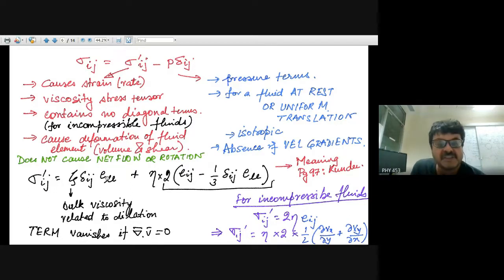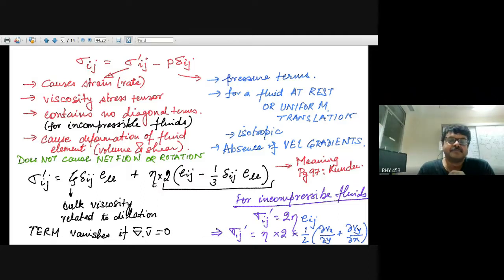Dilatation, divergence V not equal to zero, means there's an entire volume change. So if there's a volume change, that is dilatation. It can be written in terms of that, where you call this the bulk viscosity related to dilatation, and the term vanishes as divergence V equals zero if there is nearly incompressible flow.